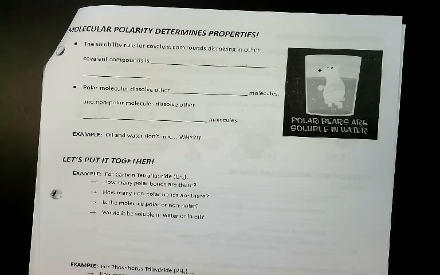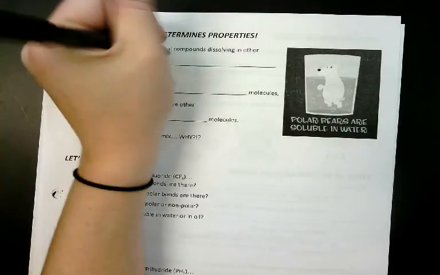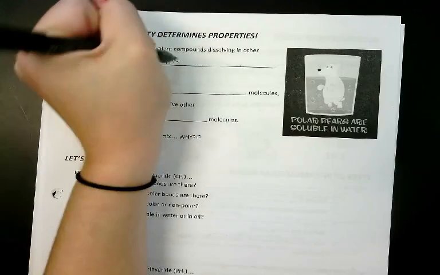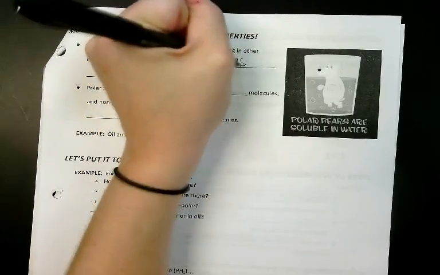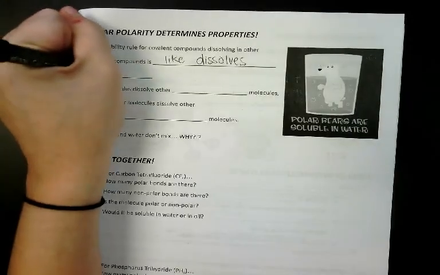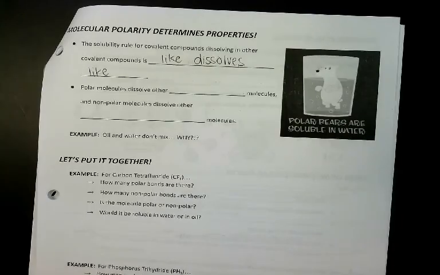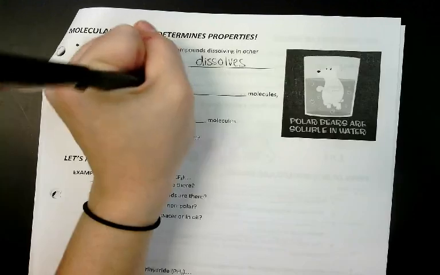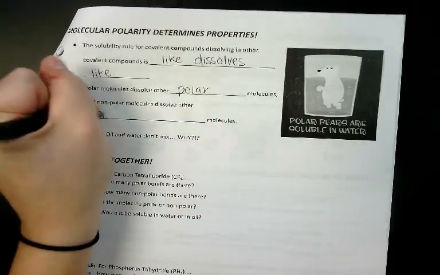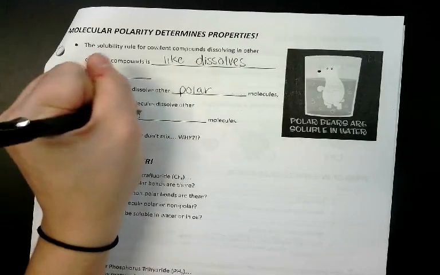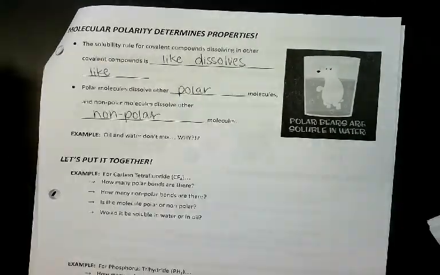Okay, so the solubility rule for covalent compounds dissolving in other covalent compounds is like dissolves like. Okay, like dissolves like. So, polar molecules dissolve other polar molecules, and nonpolar molecules dissolve other nonpolar molecules. So it says oil and water do not mix. Why?